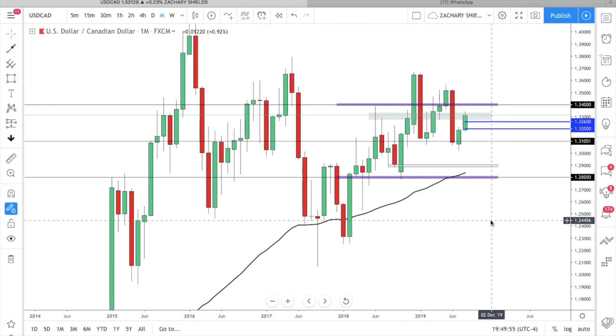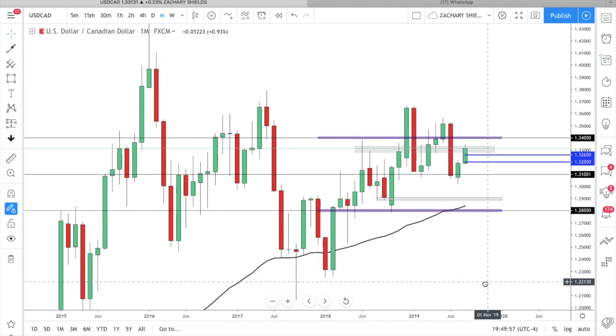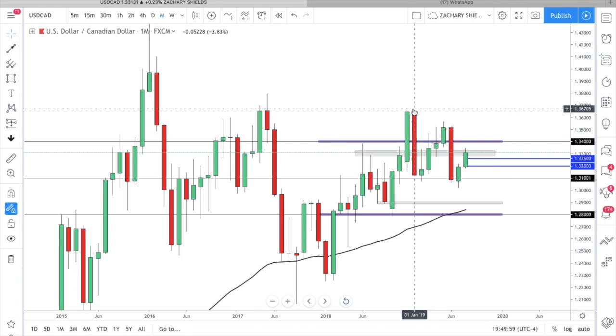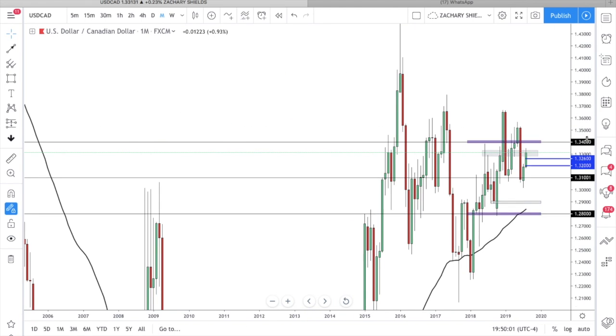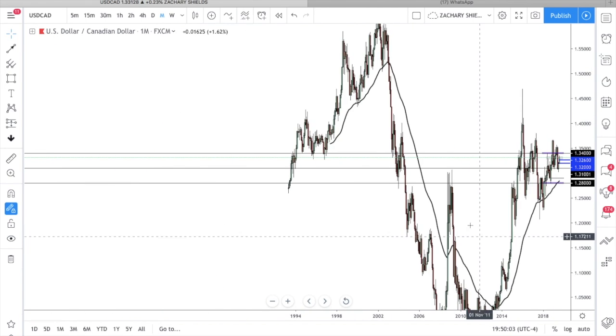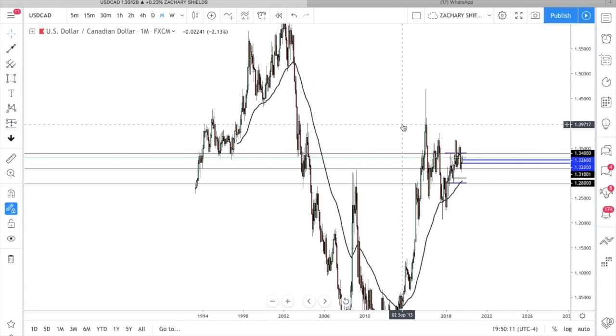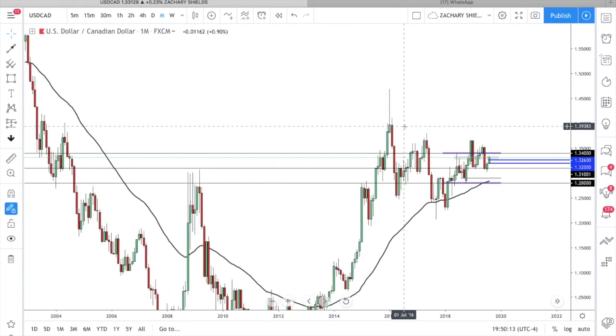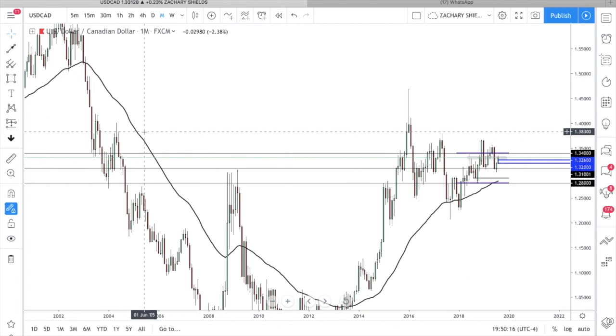So if we jump up to the monthly time frame, firstly, we're dealing with highs since May 2004. So we're back testing those regions from May 2004.